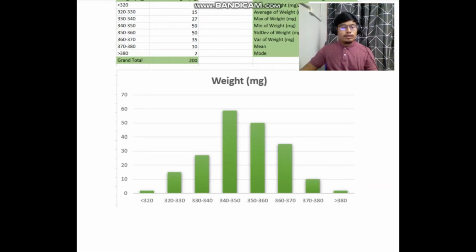First, in the weight bar chart, we can observe that the highest bar is between 340 and 350 milligrams, which is 59.